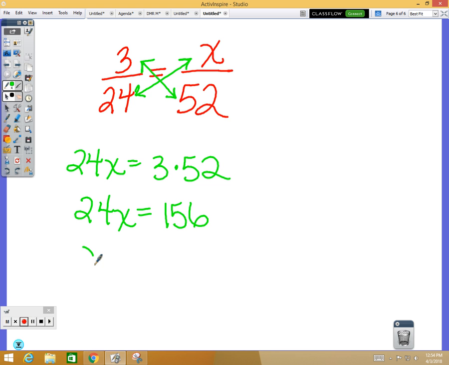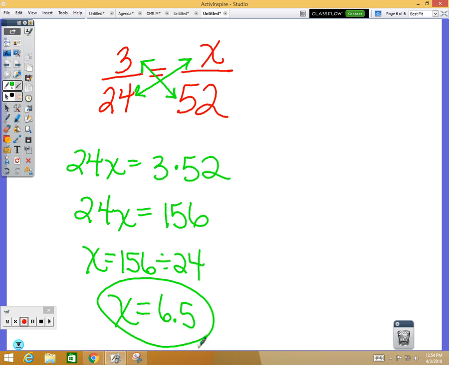So then for x, we're doing 156 divided by 24. What is your answer? 6.5. So you will have some on your assignment today that give you decimal answers, okay? And that's okay. You're not going to have any crazy decimals that don't end or anything like that. But you will have some decimals. All right? Any questions?